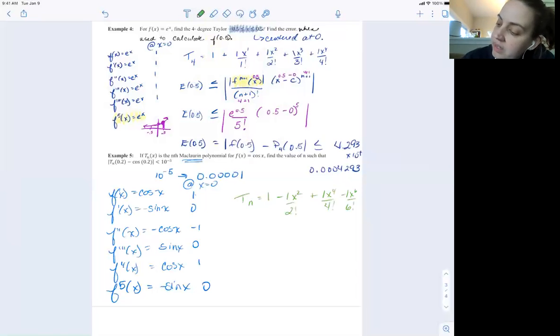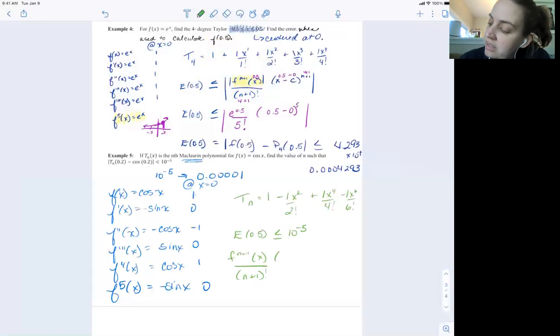So we want this value to be less than or equal to 10 to the negative fifth. So you want that f of n plus 1 of x over n plus 1 factorial times x minus c to the n plus 1 to be less than or equal to 10 to the negative fifth.